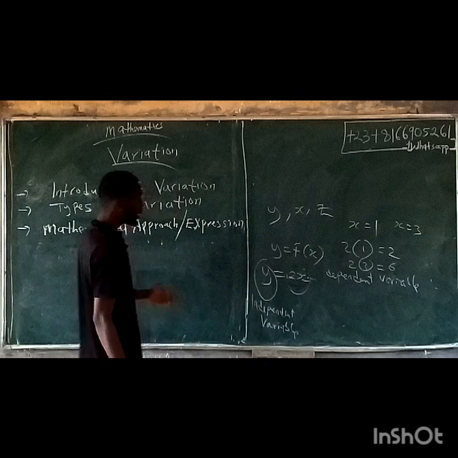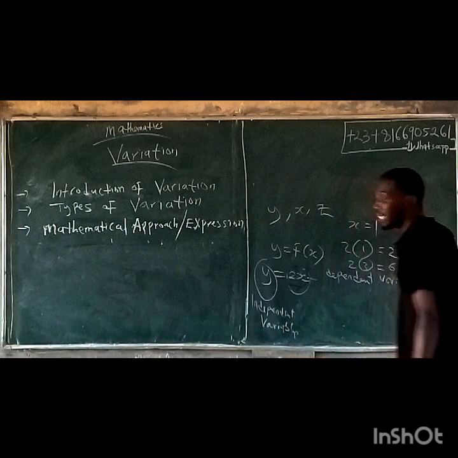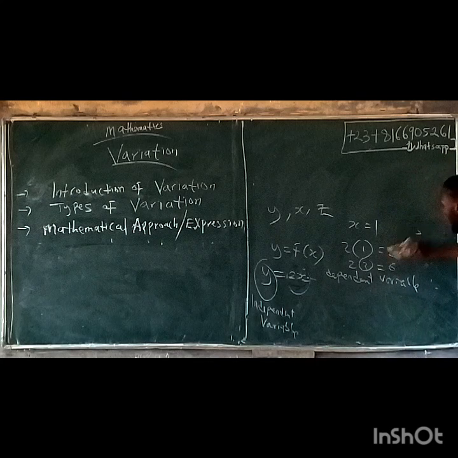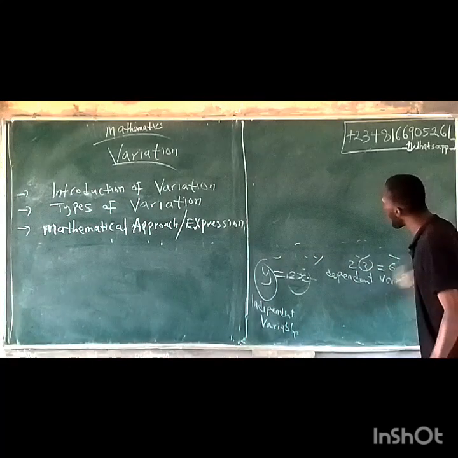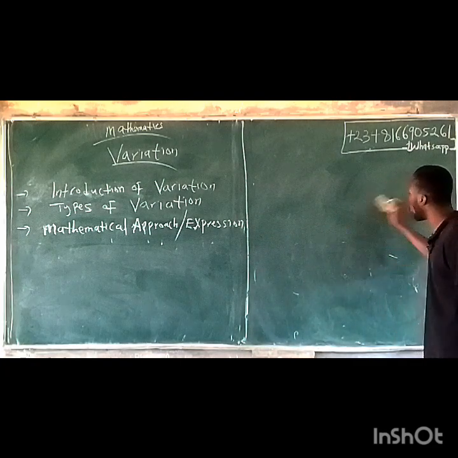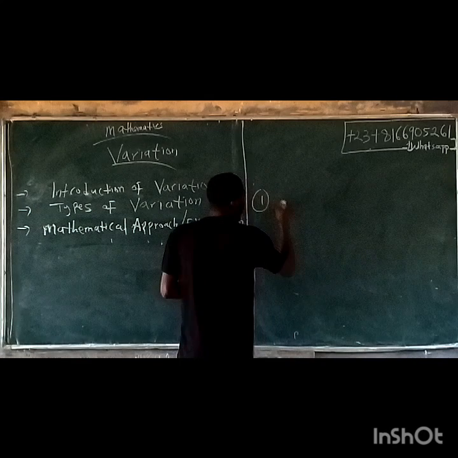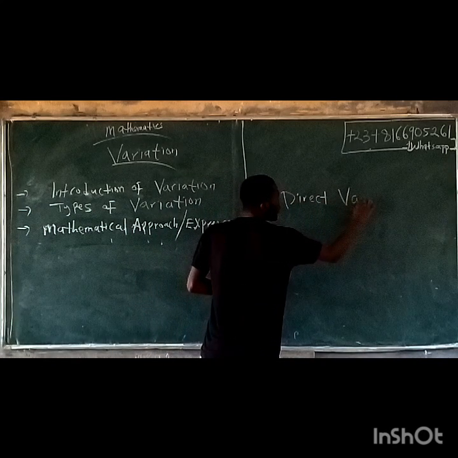So now let's go straight to types of variation. We have 4 types of variation. What are the 4 types of variation we have? The first one, we have the direct variation.